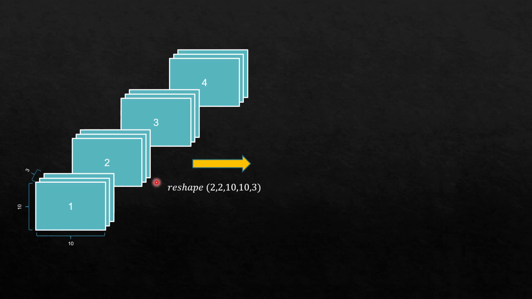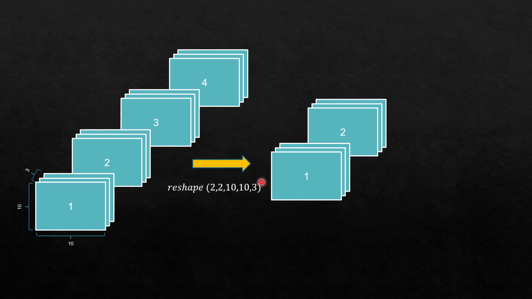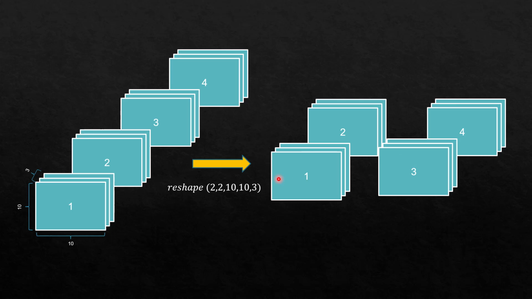If you just see the final product after this reshape, this 1 and 2 will be together, then this 3 and 4 will come up like this. That means there will be two images stacked together, and after that, side by side, images 3 and 4 will also be stacked together.